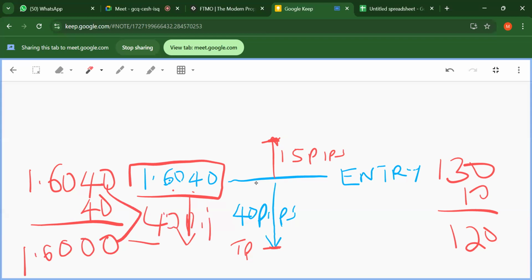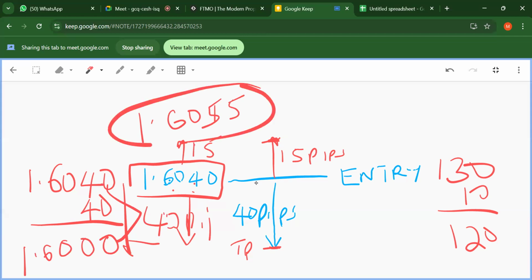But now, because you say the market will go down and this market starts going up, you are losing, because your speculation was that the market will go down. So if it's going up, it adds 15 more pips going against you. You will lose at this point, 1.6055, will be your stop loss, because now you are saying the market will go down.